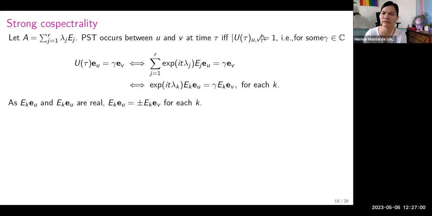What does this mean from a physical point of view? Before that, it basically means that the UV entry of the transition matrix at time tau is a unit complex number.